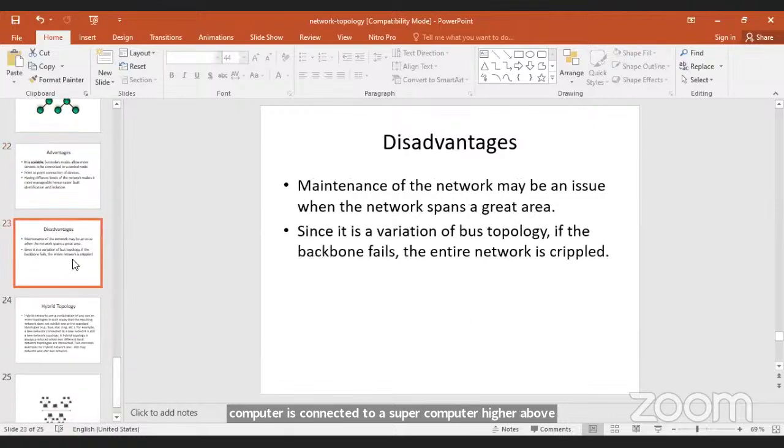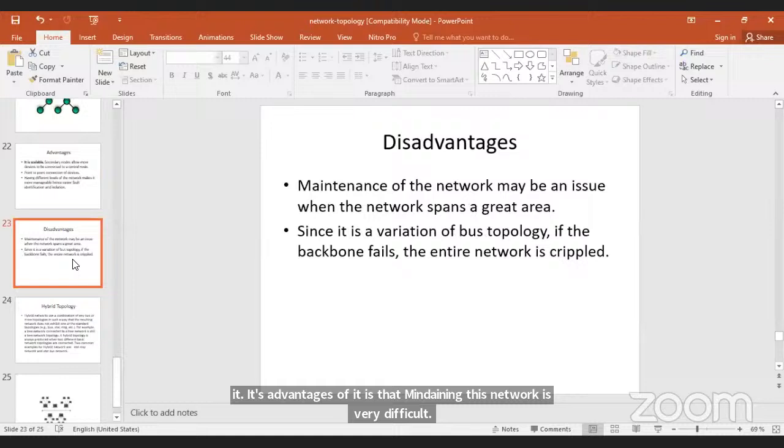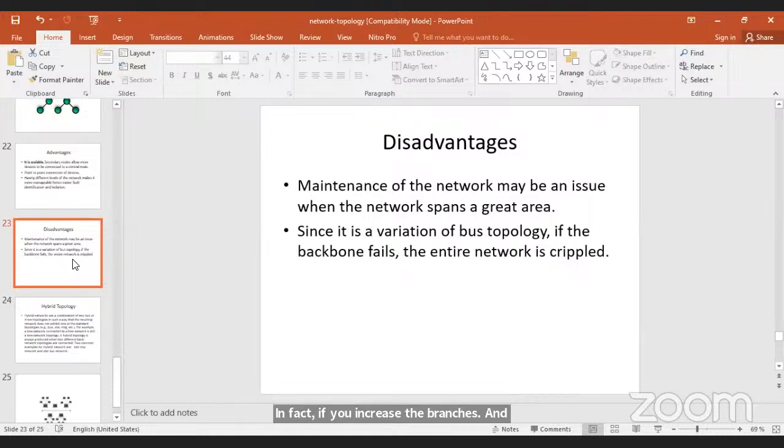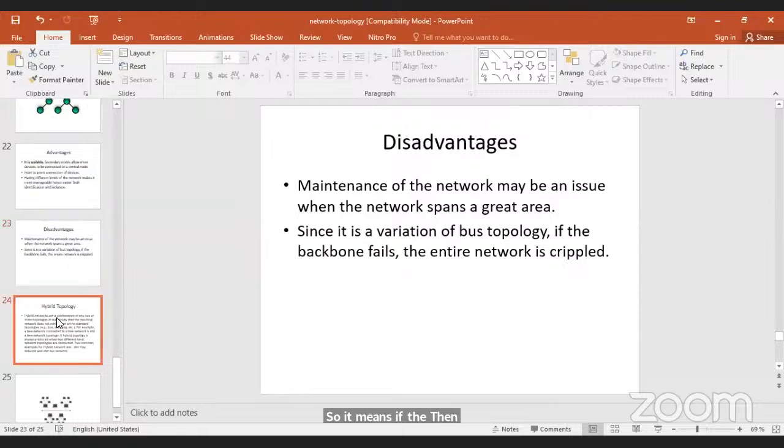Disadvantages of it is that maintaining this network is very difficult. If you increase the branches and expand the network, maintaining it becomes very difficult. If the server fails, the entire network comes down.